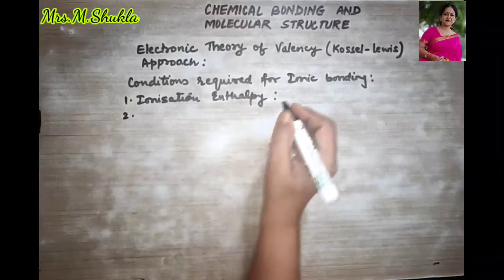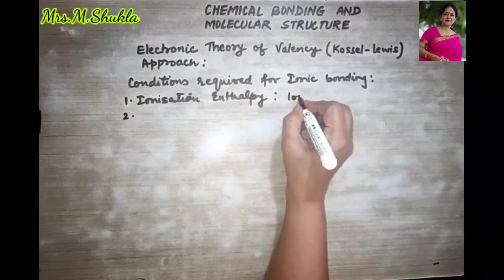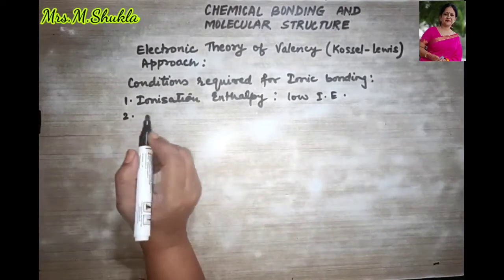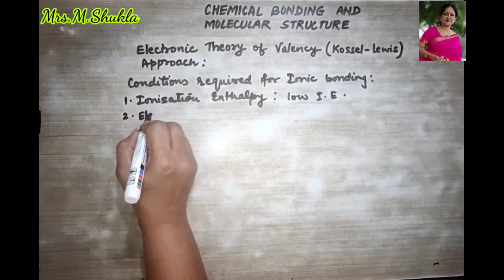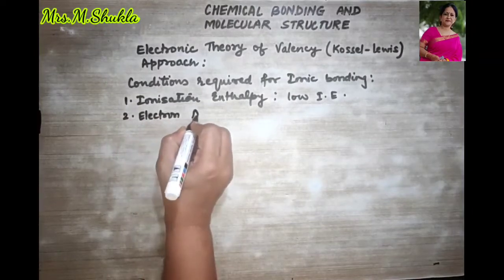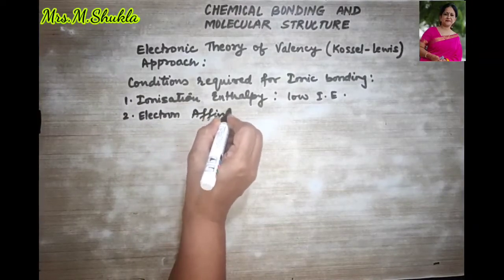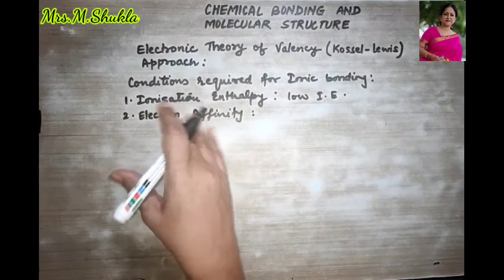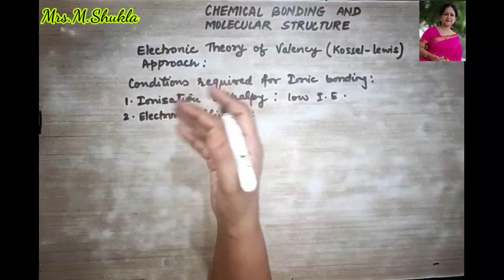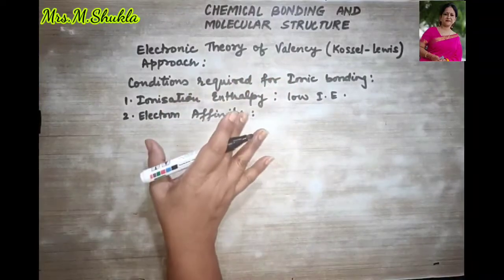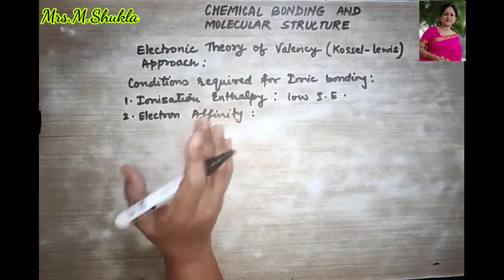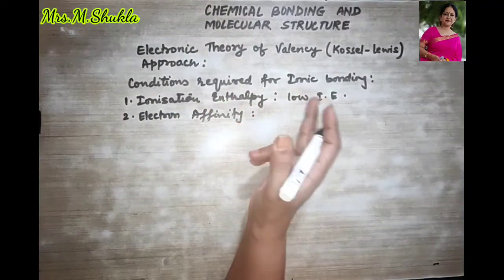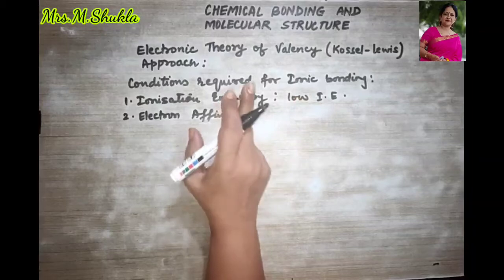Then second point, okay, let me write down over here, low ionization enthalpy, right? Then we talk about electron affinity. So what do we know about electron affinity, or you may also call it electron gain enthalpy? So electron affinity of an atom forming an anion should always be high. That is, the element should be a non-metal.